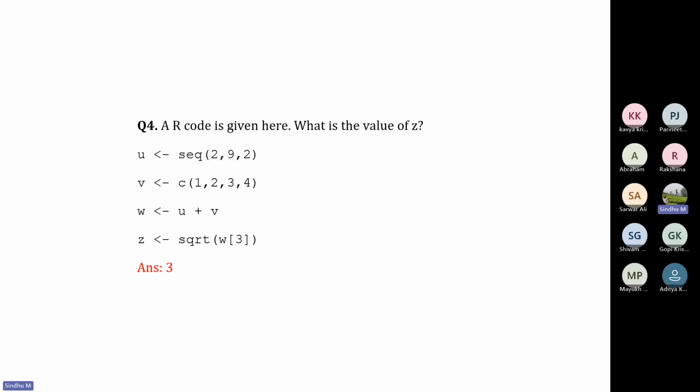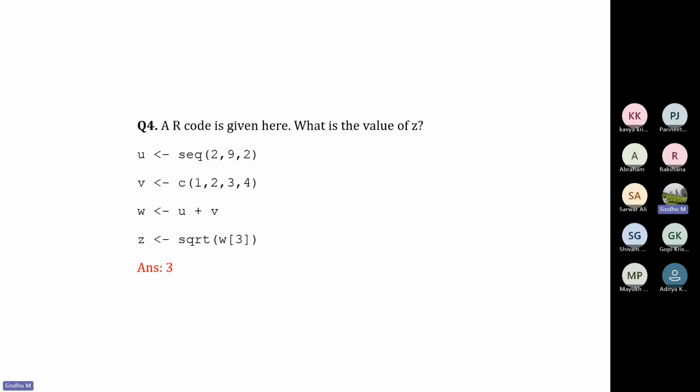So this is U. And V they have given directly: 1, 2, 3, 4. And W they are saying is U plus V. So we just have to do a vector addition. The first number will be 2 plus 1, 3. Second will be 4 plus 2, 6. 6 plus 3, 9. 8 plus 4, 12.